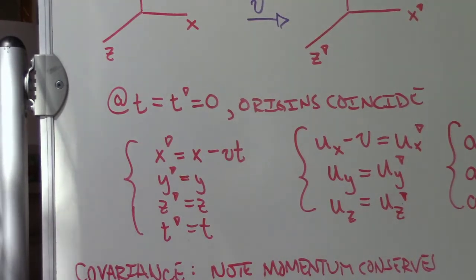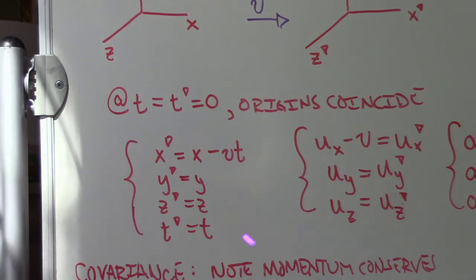If I take the first derivative with respect to time of both sides of these first three equations, well, the derivative of position with respect to time is our speed, right? And I've already used v for the relative speed between the frames, so I'm going to have to introduce another one, and this one I'm going to call u.